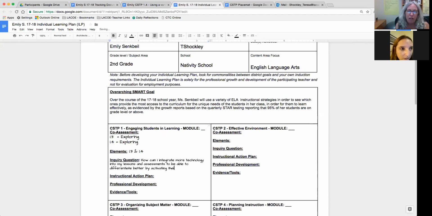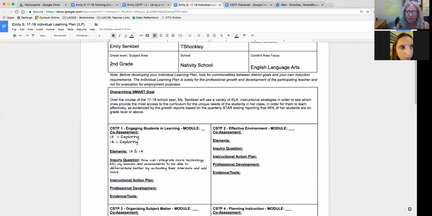Why do you want to? What do you think would be the positive impact of using more technology? Just to differentiate their learning even more, because right now it's just kind of straight out of the book. But to see something a little different will get them excited and focused and doing something new.